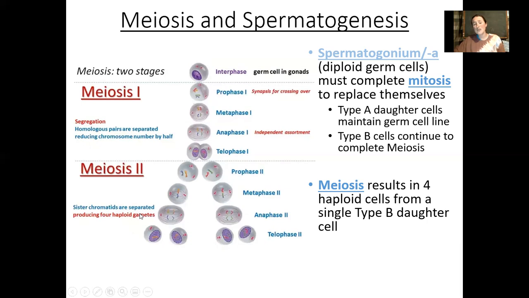And so in addition to creating 4 haploid cells, the process of meiosis 1 and meiosis 2 is also completing the process of genetic recombination. This isn't a term that you will need to be able to spit back at me, but I want you to see that your physical chromosomes, 1 copy is from mom, 1 copy is from dad. Each one of those chromosomes wasn't passed down directly from your grandparents.